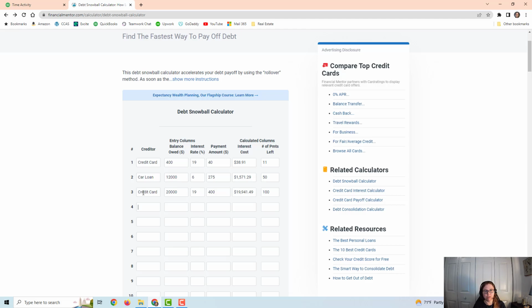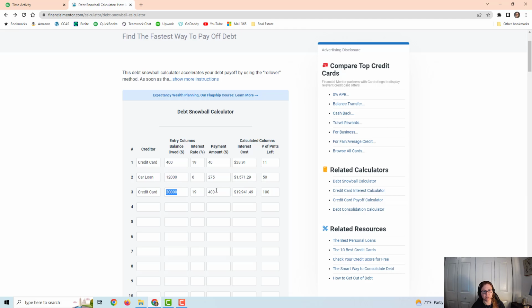So that would be almost $20,000 in interest, and it would take 100 payments, which if you're paying $400 a month, 100 payments is over 8 years to pay that off. And your interest cost would be almost as much as what you originally charged on that credit card.